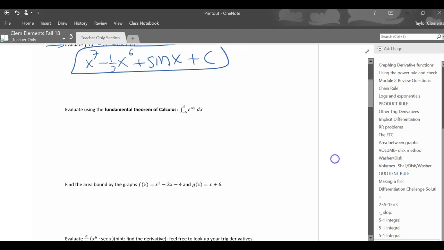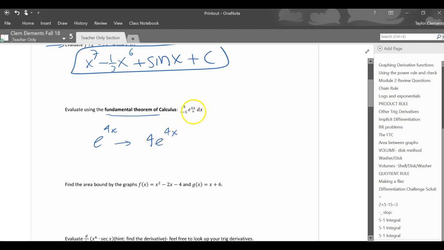All right, fundamental theorem of calculus, that means we have to do the antiderivative, which is this process up here, and then we have to also plug in the 5 and negative 5 and subtract. So let's see, e to the 4x, if that was my antiderivative, and I derived that, that would give me 4 e to the 4x, because it's e to the 4x times the derivative of 4x, which is 4.